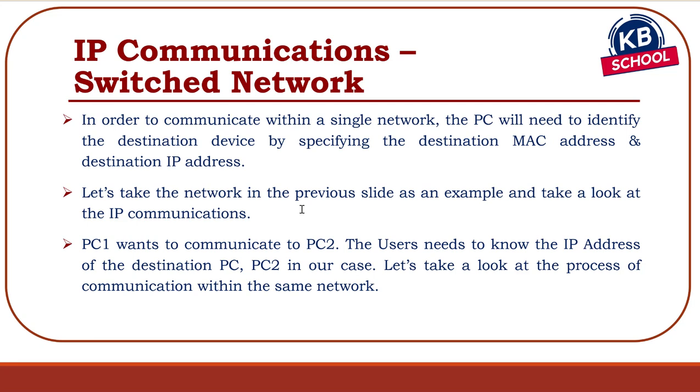It is done automatically by the PC using a process known as address resolution protocol. It's a layer 2 protocol. The responsibility of ARP is to discover what? Discover MAC addresses for specific IP addresses.